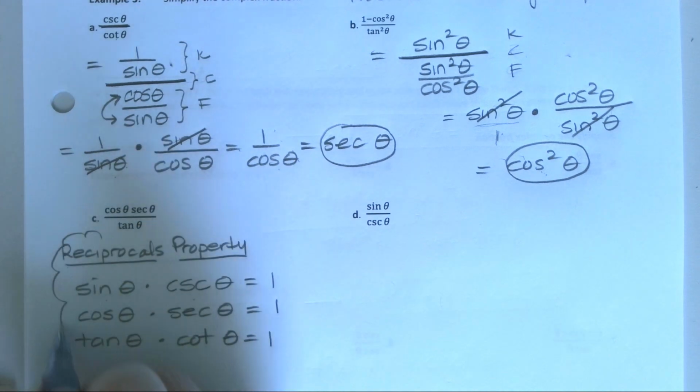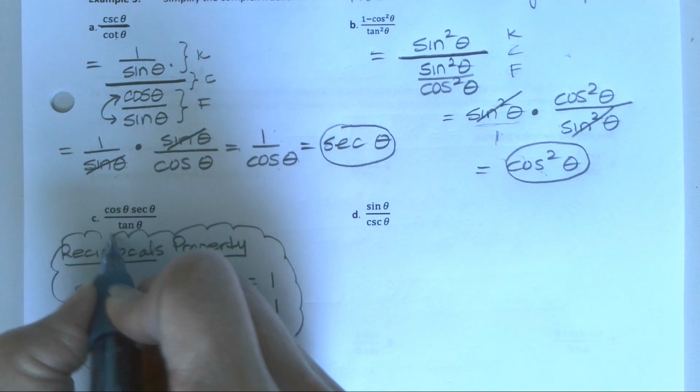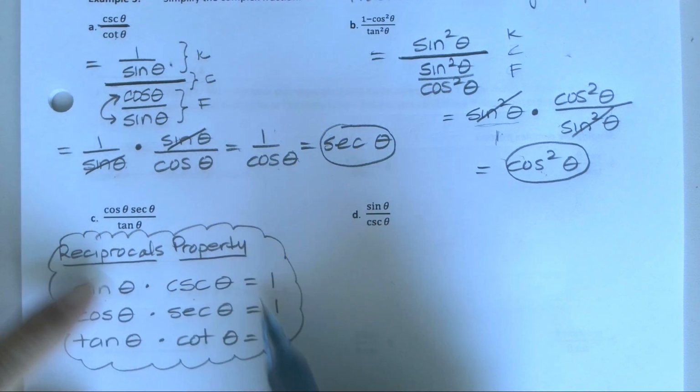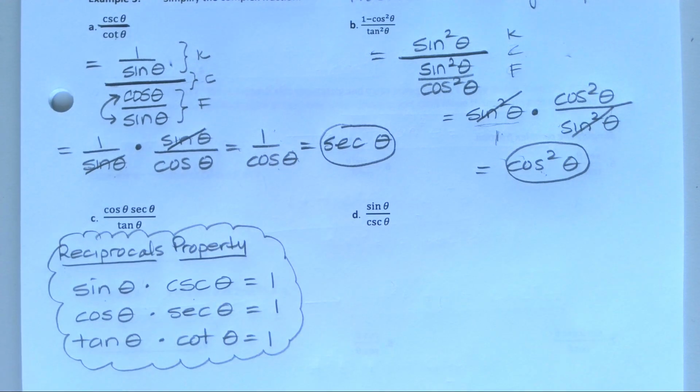I want you guys to keep these in mind, because if you do, it will cut down on a lot of work. Okay? So look at the one we're getting ready to do, right? What most students start doing if they don't remember these tricks is they start breaking down all of them and it creates more work. It doesn't mean that it's wrong at all. You can totally break it up, it just takes you longer.